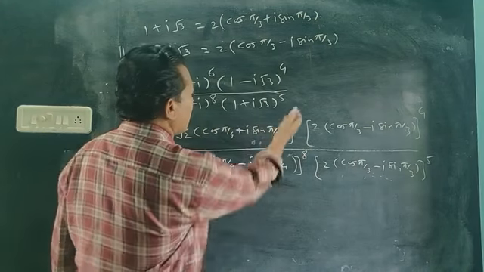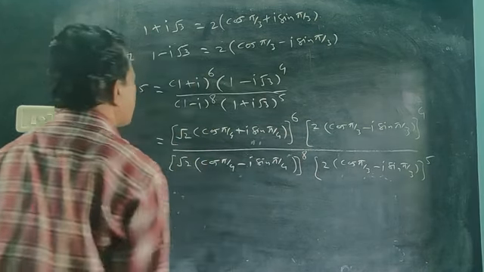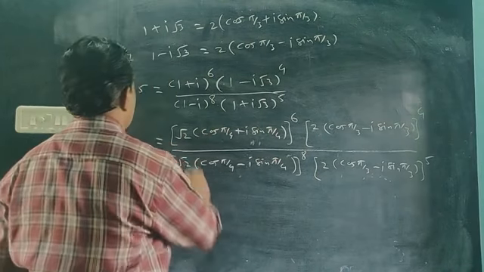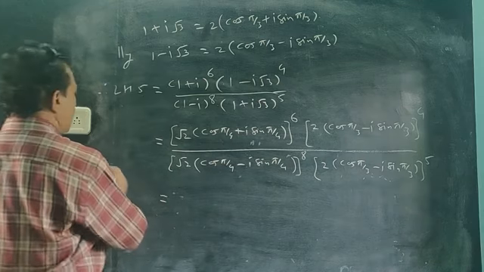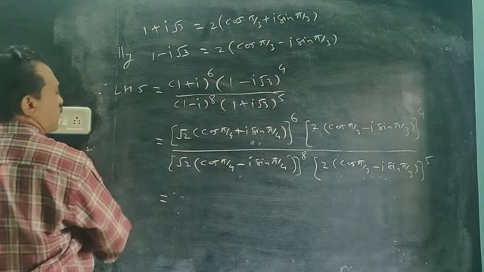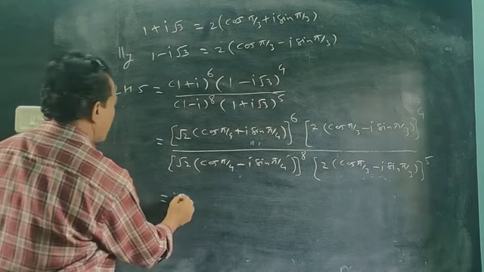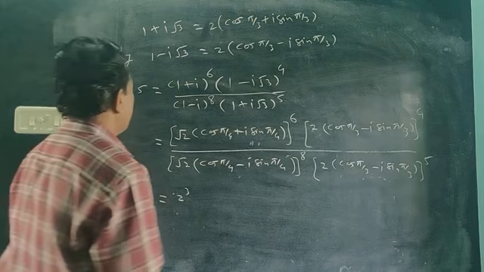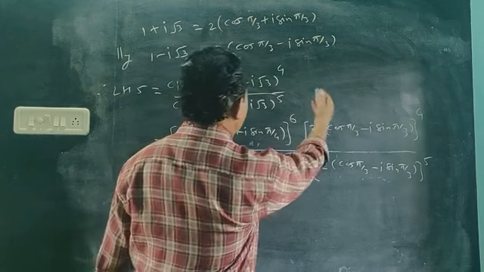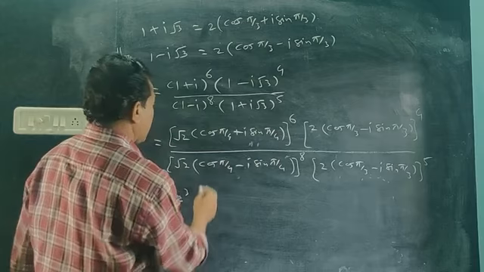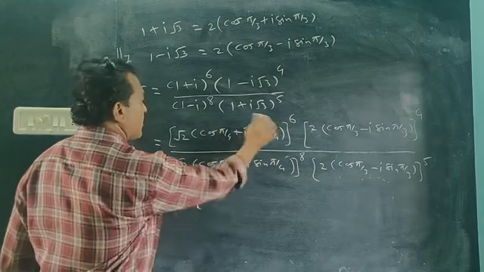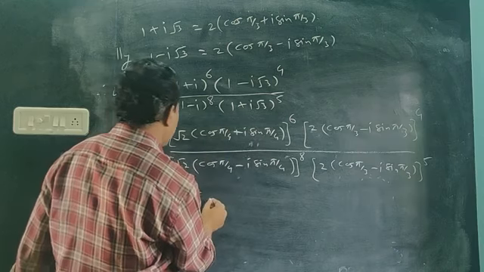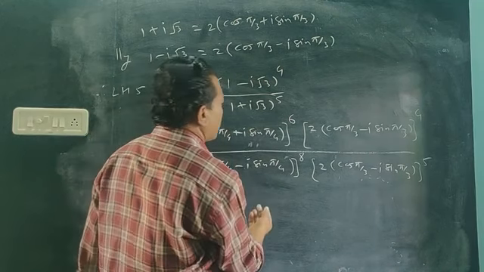Okay, apply De Moivre's theorem or also Euler's theorem. So root 2 raised to power 6, root 2 is 2 raised to power 8, 3. Root 1 by 2 raised to power 6, 1 by 2 is 2 raised to power 3. So cos, De Moivre's theorem or Euler's theorem also we can use.